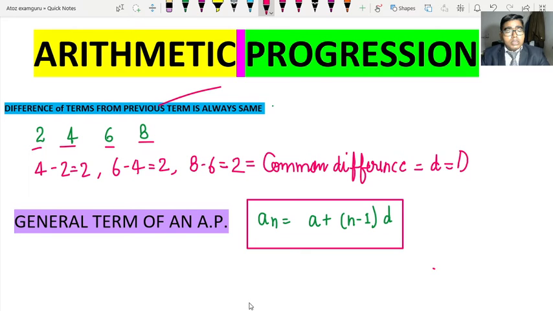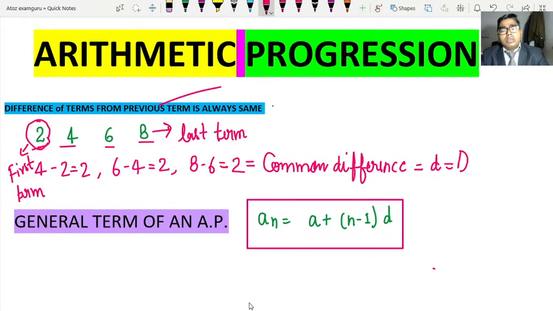And since it is the first term of the series, it is called the first term of the series, and since it is the last in this case, it is called the last term, right? Any term in between can be calculated by a general formula.